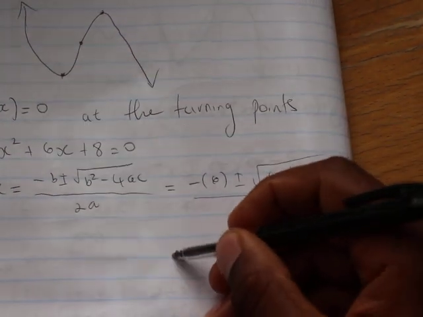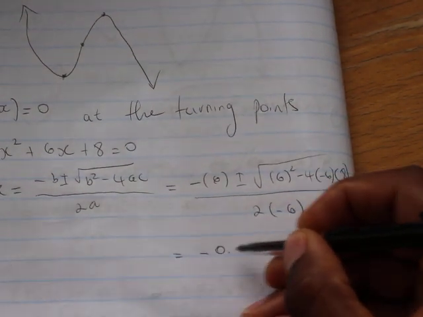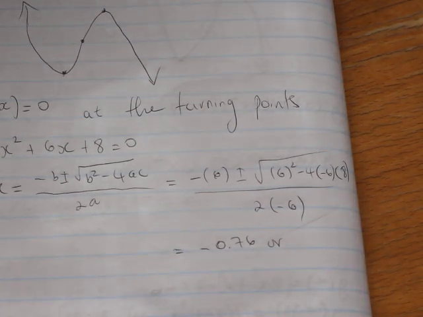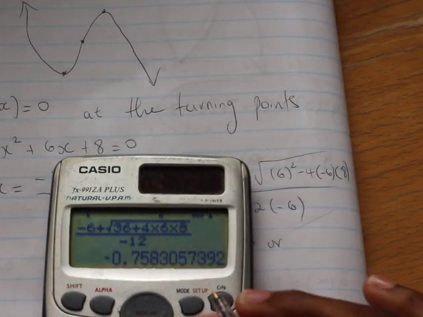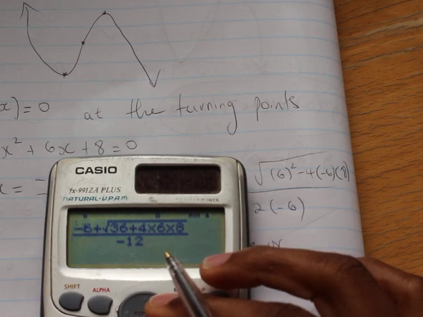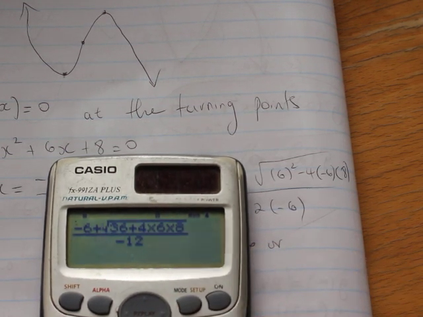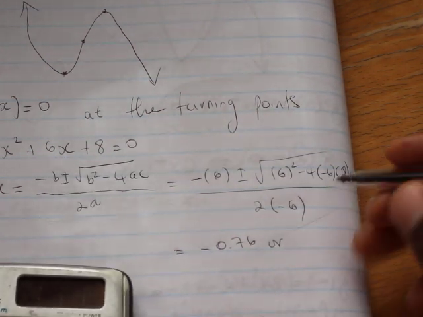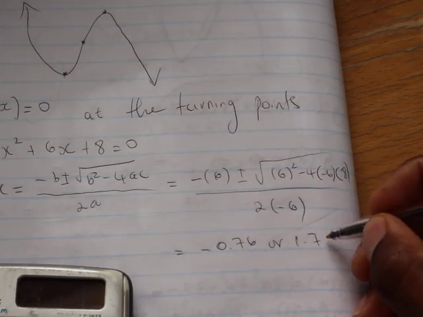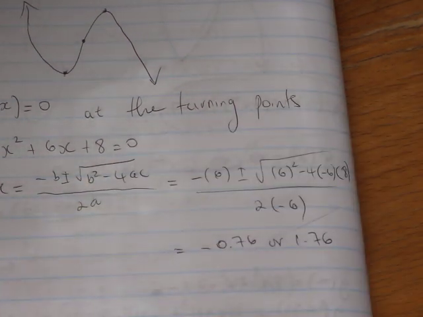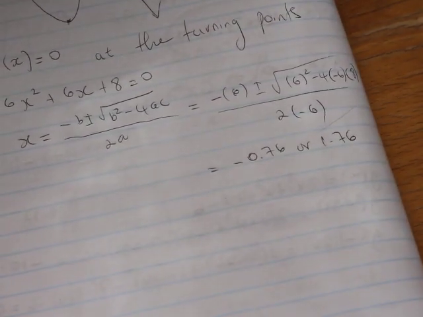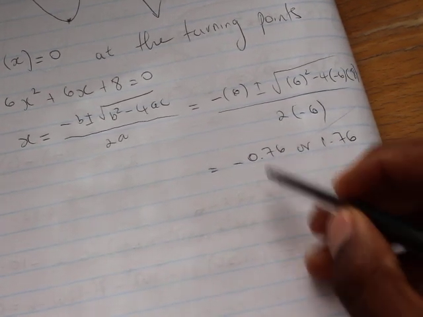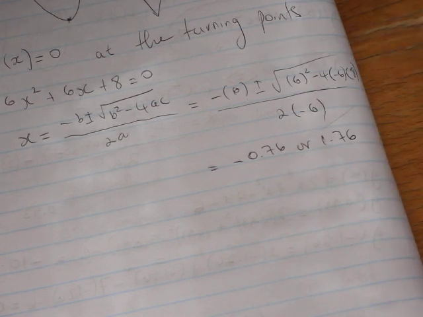We're getting decimals again. So minus 0.76, or let's put a negative over there. So negative this time around 0.76. Okay, so those are the roots that we're getting, and we're going to do the exact same thing. We substitute these roots into q of x, which is the original function.